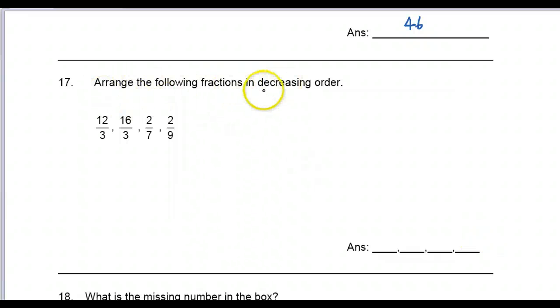Arrange the following fractions in descending order. So from here, let's look at this. Descending order means it's going down. So I start from the greatest and I end with the smallest. So this is my greatest, this is my smallest.